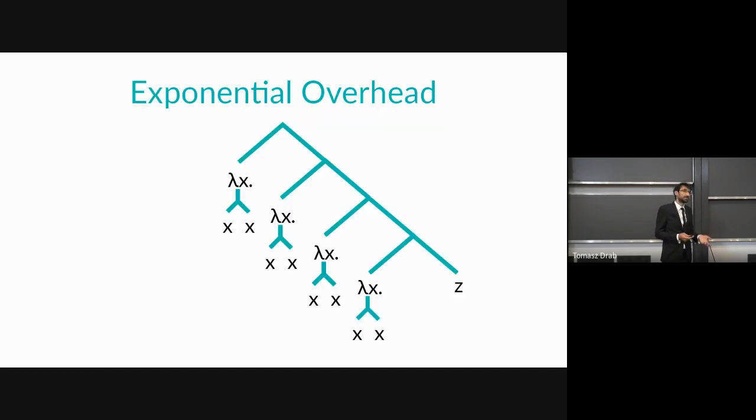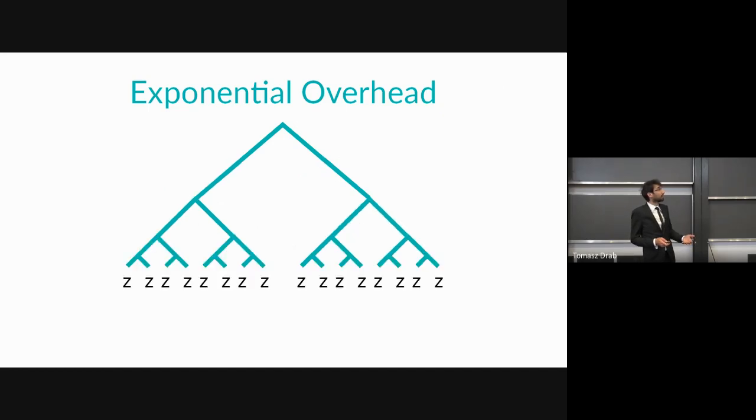But the abstract machine we obtain this way suffers from exponential overhead, and if we want to save time and resources, it's not that good. The problem is that in n steps of reduction, the term can grow exponentially in terms of the number of reduction steps.